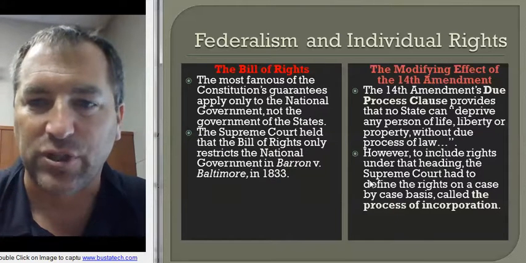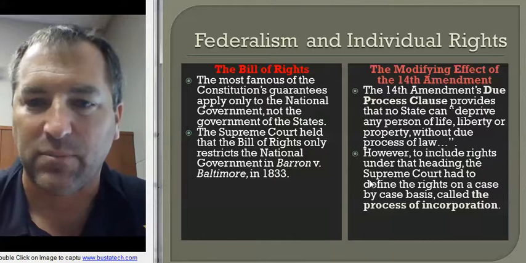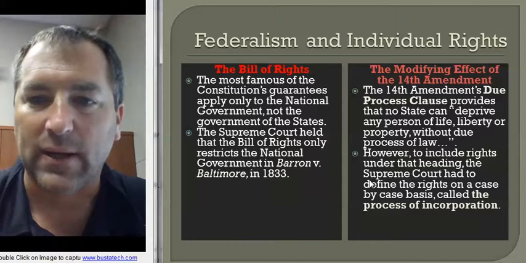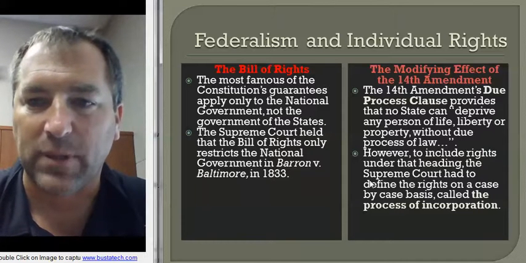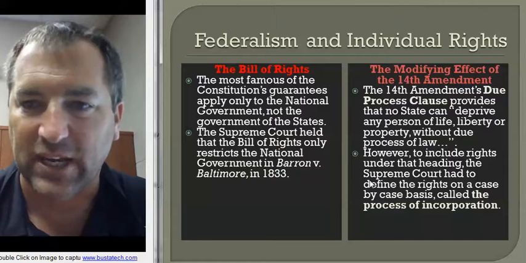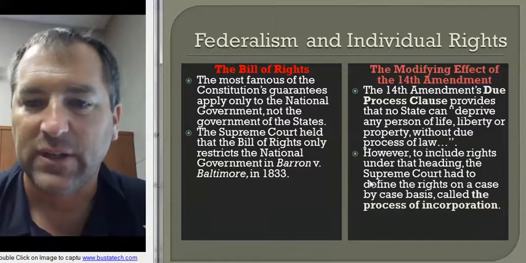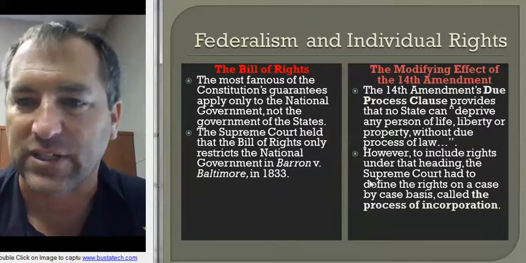Also, the 14th, 15th, and 16th Amendments gave freed slaves and other individuals the rights to life, liberty, and property, and due process of the law.